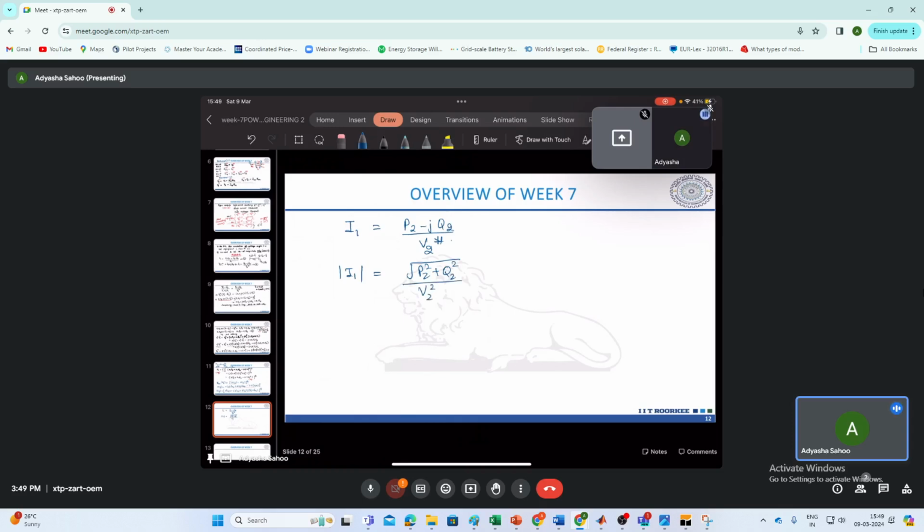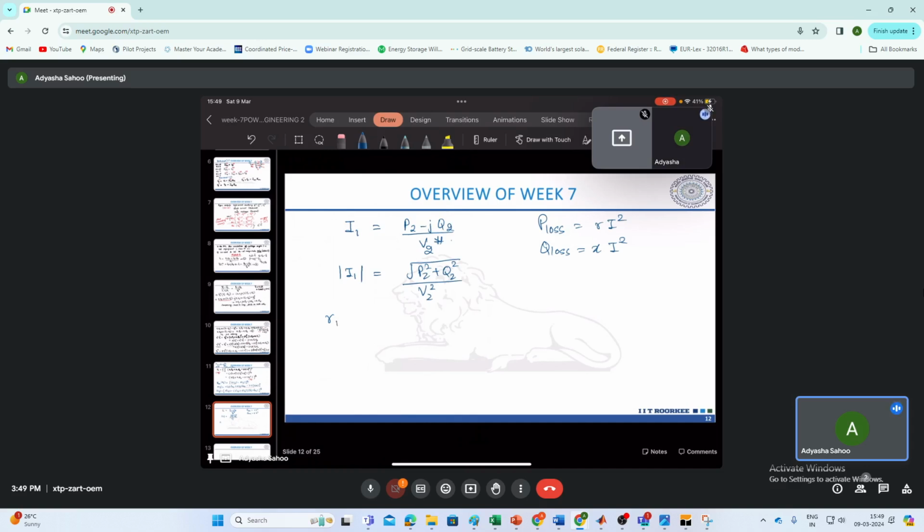And for the losses, active power loss we write as R I square, and reactive power loss is basically X I square. So if I square and then multiply R, it will be R of the first line, R1.